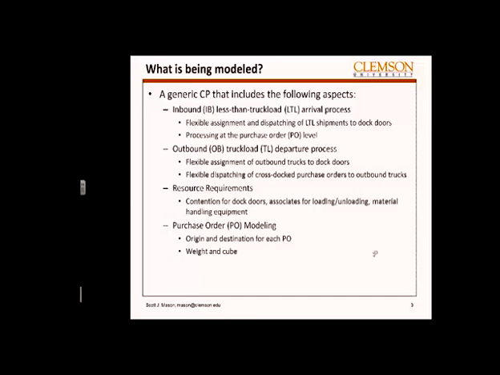So we need to generate both an origin and a destination for each purchase order, as well as the size of that purchase order with regard to both weight and to its cube or volume, because as we talked about in the optimization model, we have weight and cube limits on our vehicles. Well, now we're actually going to generate that from historical data to get a representative sample of actual goods flowing into our consolidation point.